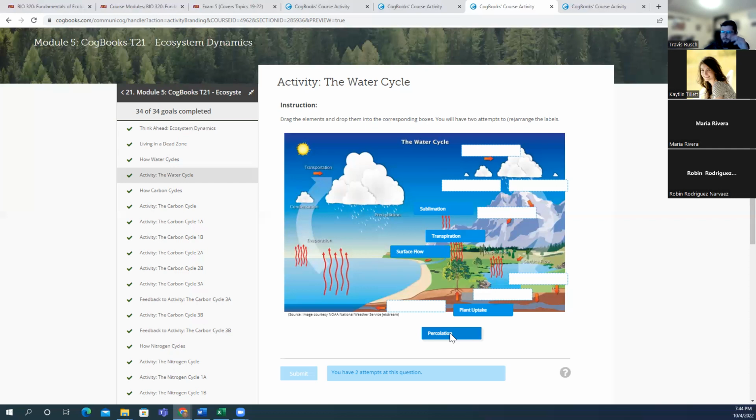What's going on with percolation? Something to do with the ground, I would agree. And it does have something to do with the water sitting in the lake.